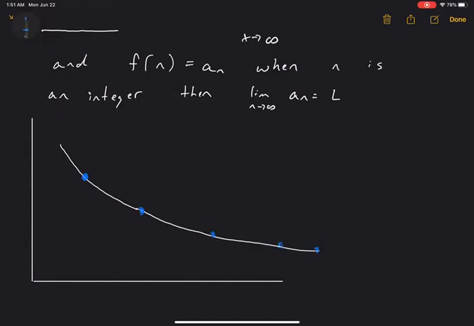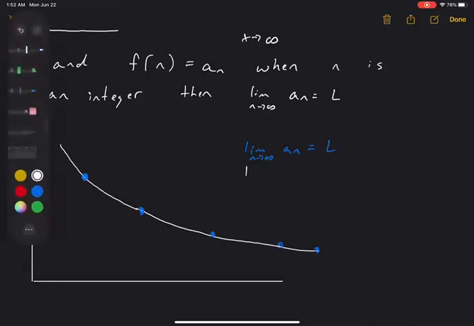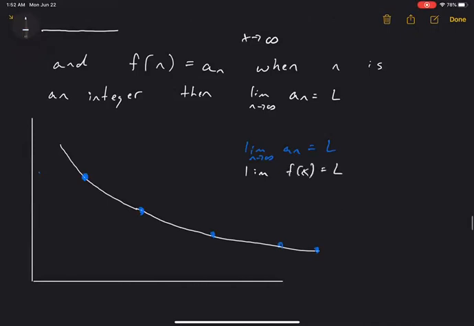Well, then, as you might expect, these things have the same limit. The limit of my sequence is L as n goes to infinity, and the limit of my function equals L as x goes to infinity.